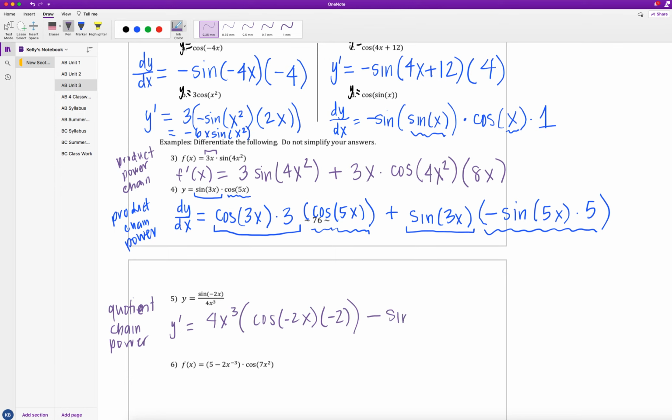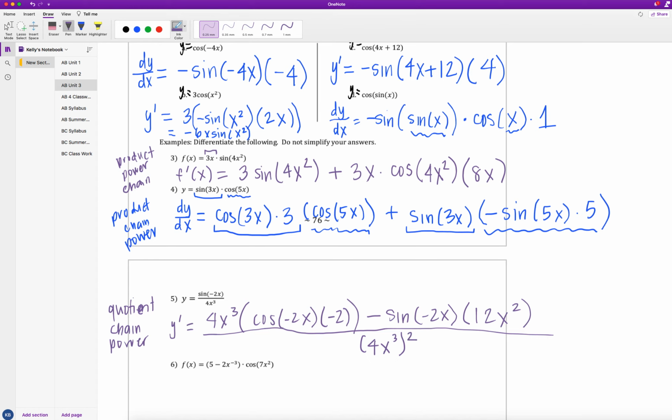Minus, now I rewrite the top function, times the derivative of the bottom function, which is a power rule, and that will give us a 12x squared. All of that is over our bottom function of 4x cubed, all to the second power.